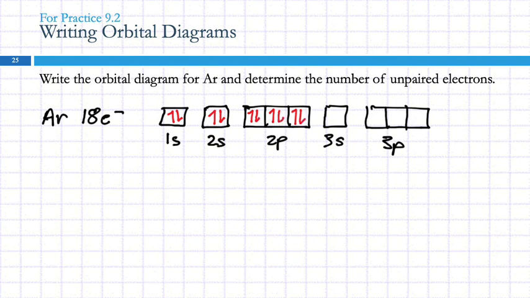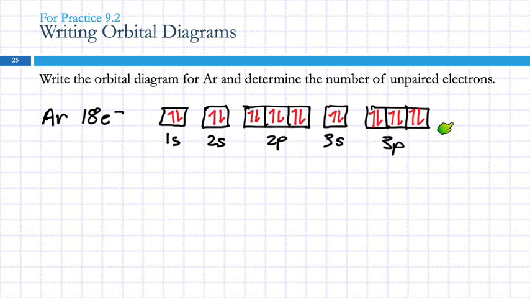No, that's 10. 2, 4, 6, 8, 10. I'm at 10. 11, 12, 13, 14, 15, 16, 17, 18. We're just putting electrons to bed. Question? Not quite? Sleep well, my little electrons.